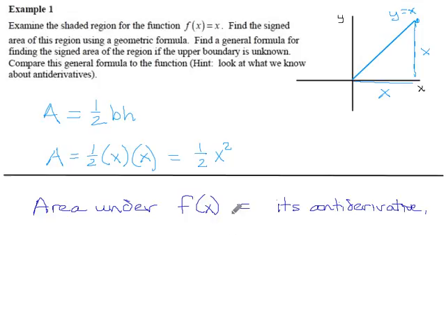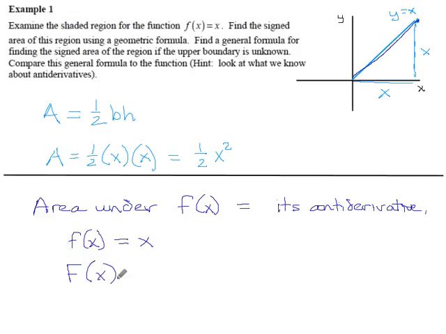Now there's more to it. We can put specific numbers into this, and we will in a moment, but for now I just want to show you that for this curve, the function was y equals x. So if we say our function was f of x, and it just equals x, then its antiderivative, and there's a thing in calculus where if a function is lowercase f, sometimes we refer to its antiderivative as capital F. It's like small f scaled up by one step.